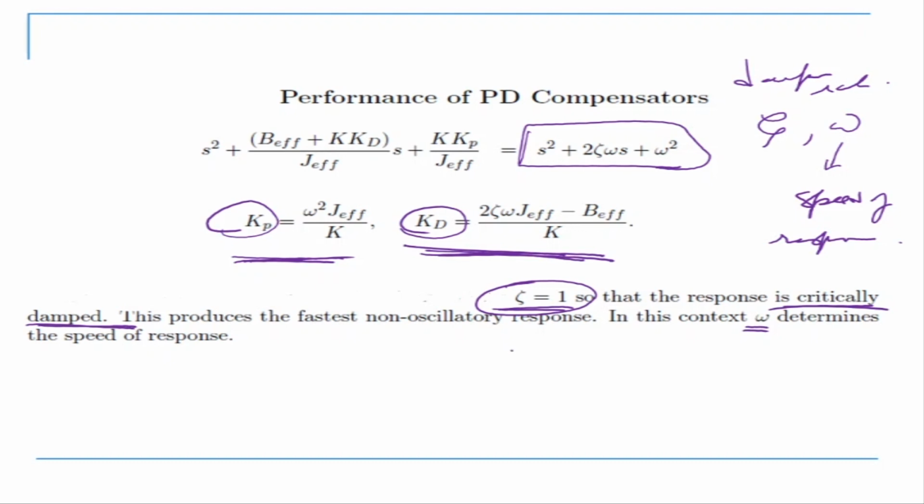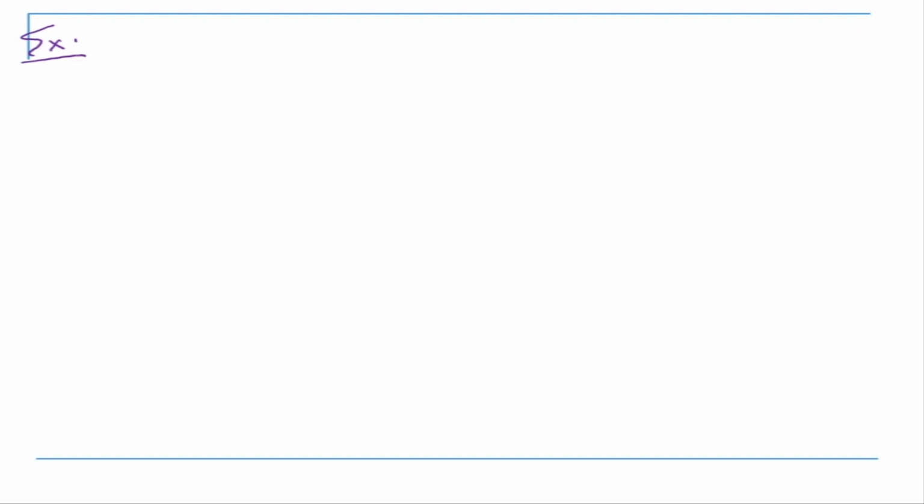So let's look at this very simple example, in which we have the characteristic polynomial given by this system.